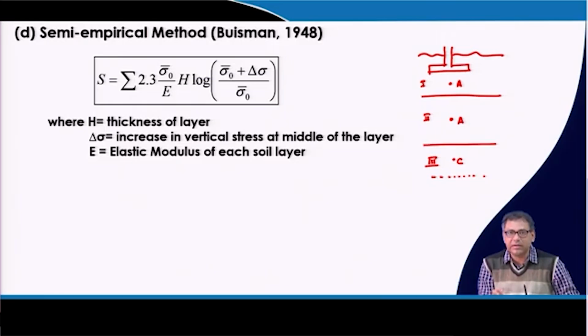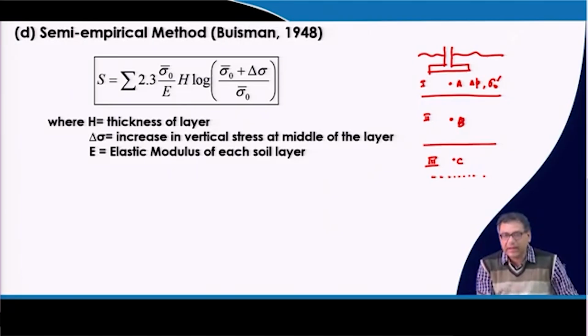But in this example problem, I will take only one point at the middle of each layer, these 3 points A, B, C, up to the influence zone. At every point we have to calculate del P and sigma 0 bar, the effective overburden pressure and the increment of stress due to the application of load.